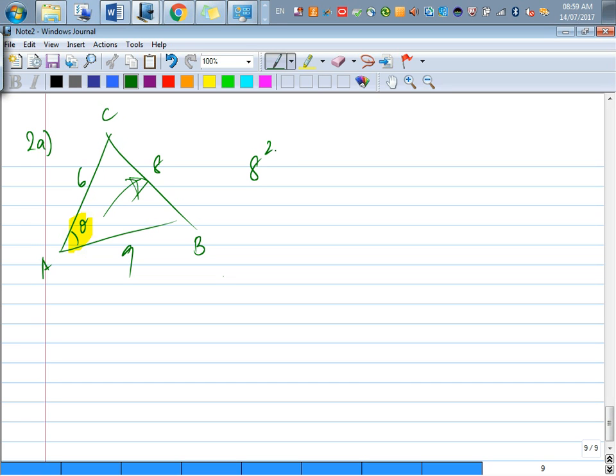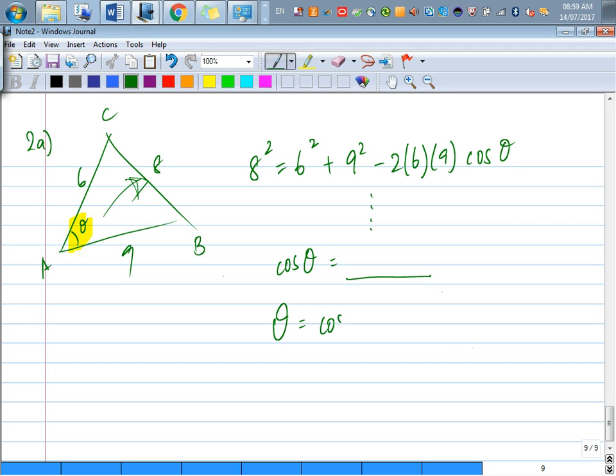So 8 square equals 6 square plus 9 square minus 2 times 6 times 9 cosine theta. This is my equation. Then you make cosine theta the subject. Then theta equals cosine inverse of something, round it off to 1 decimal place.